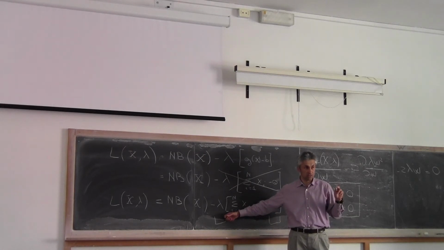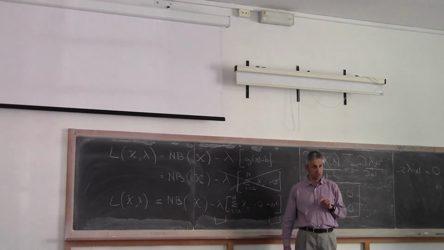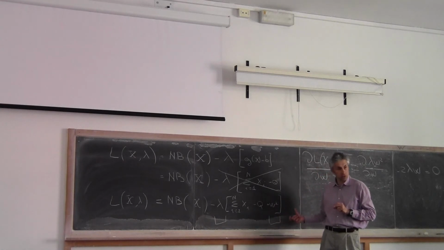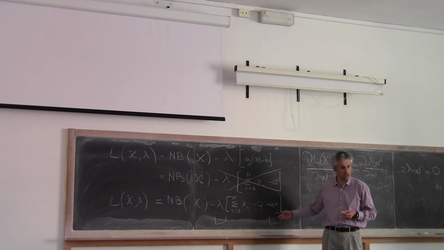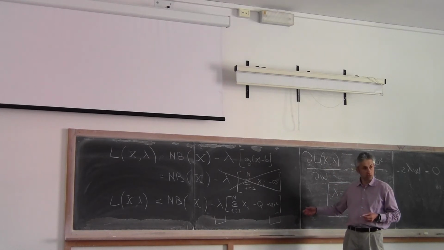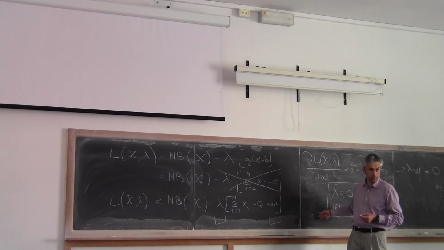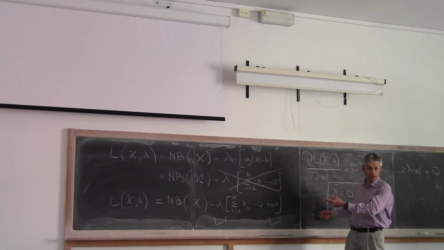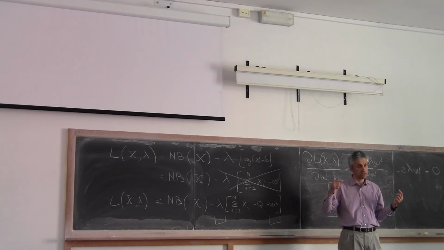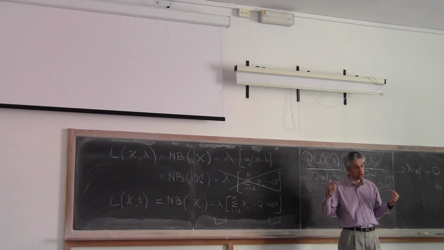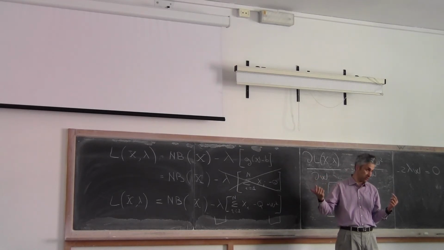Each constraint must have its own multiplier. So if I have two constraints, I write lambda 1, which multiplies the first constraint, minus lambda 2, which multiplies the second constraint. And then I have to take the derivative of the Lagrangian with respect to lambda 1 and lambda 2. So any constraint introduces an additional equation and therefore an additional complication.